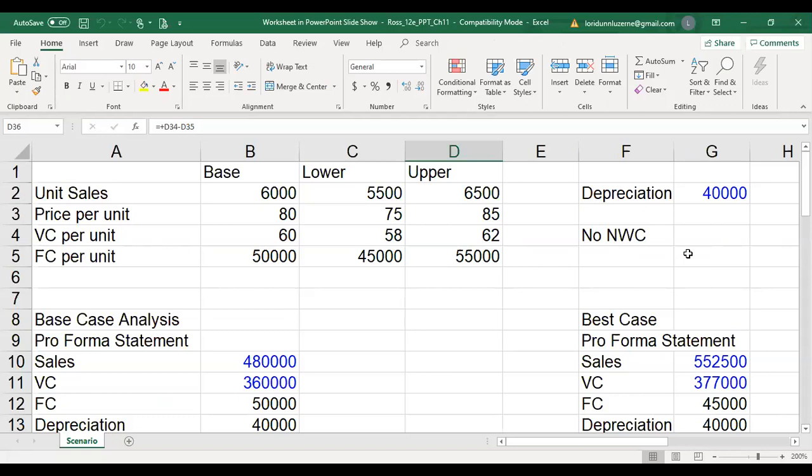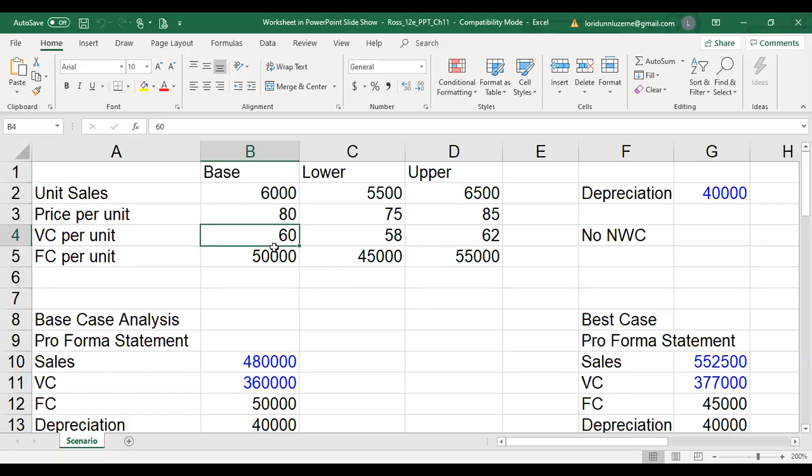Unit sales, of course, is the number of units that you expect to sell. The price per unit, so how much you're going to charge under normal everyday circumstances, $80. And that's what we're seeing right here. Variable cost per unit. Variable cost means the more units that are sold, the more the cost will increase.